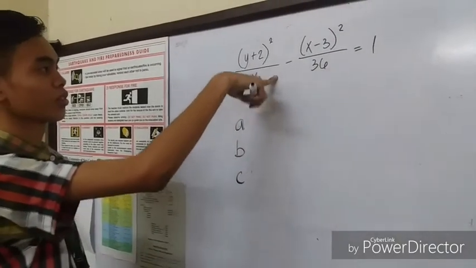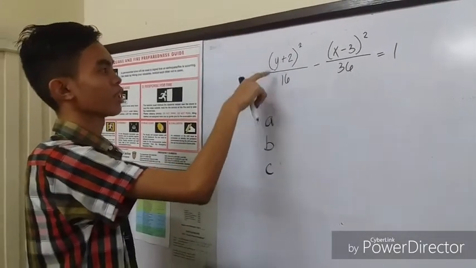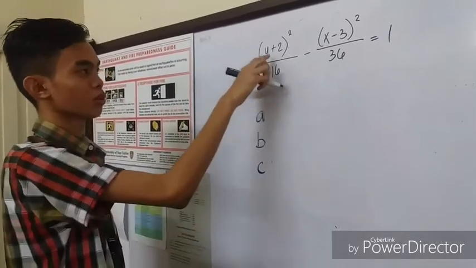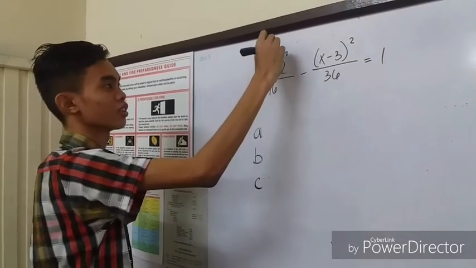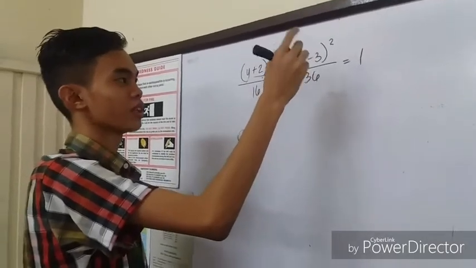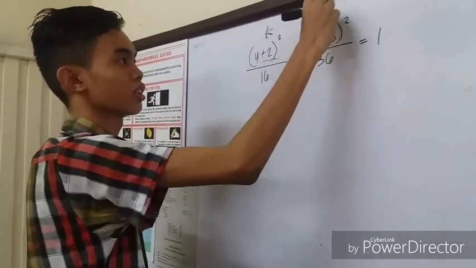To name the values of the numerator, we must remember that y is always with k. So 2 is the value of k, while on the right side, x is always with the value of h. So negative 3 is our h.